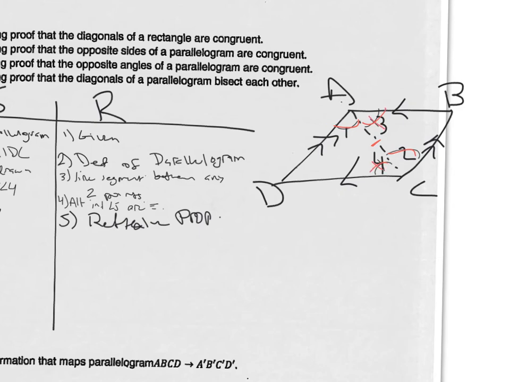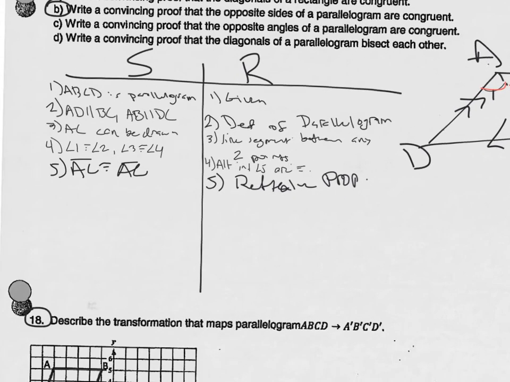So now we have 3 parts, 2 pairs of angles and 1 pair of sides, which means that we can prove triangle ADC is congruent to triangle CBA. Because 2 angles on one side, and that side is between the 2 angles, so we can use angle, side, angle. Last but not least, go back to what we're trying to prove.